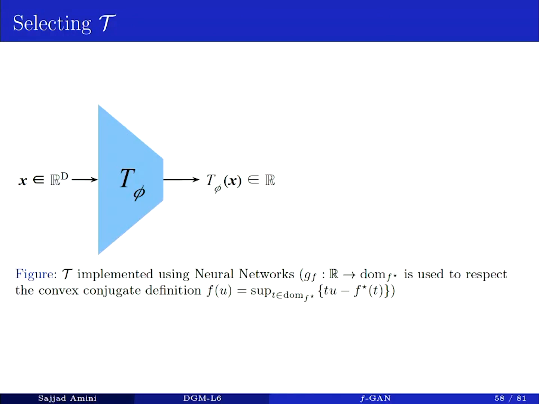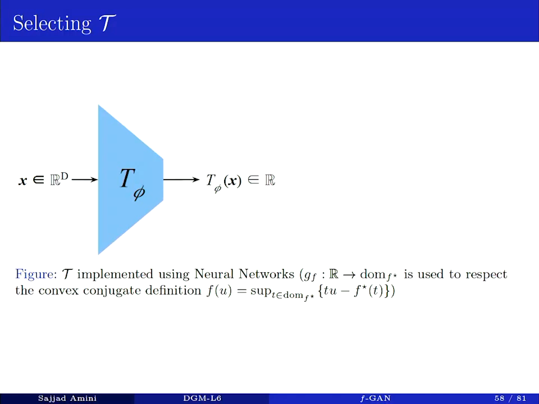Now, in the case of the f-GAN, we model the family using a neural network. Assume that this is a neural network parameterized by this phi, okay? So by changing the phi, you have a new function, and we have a function that accepts x from Rd and outputs a real number.